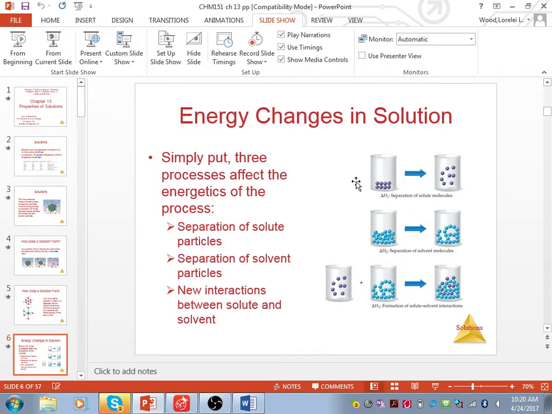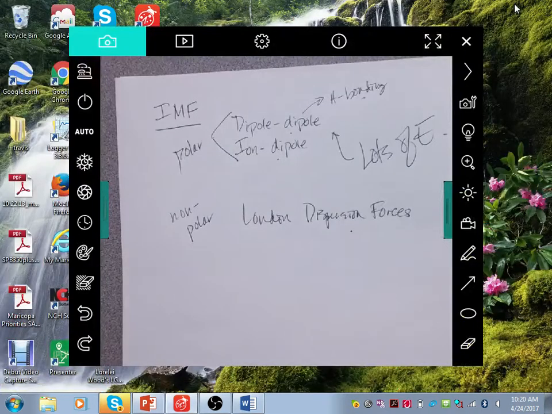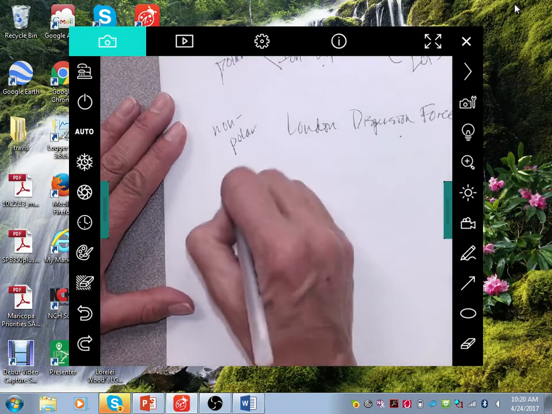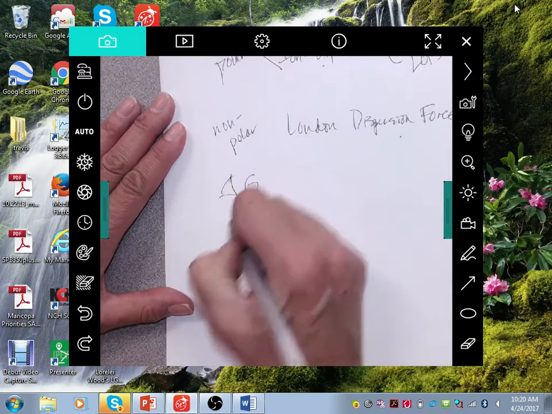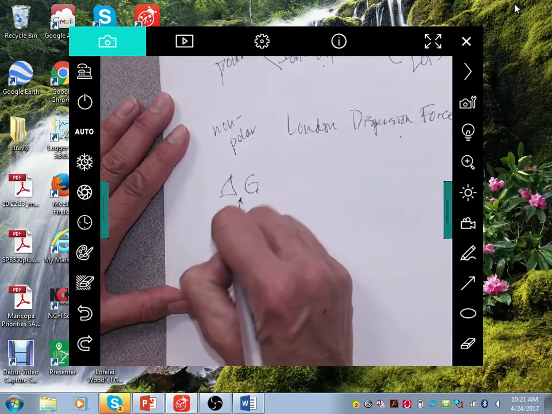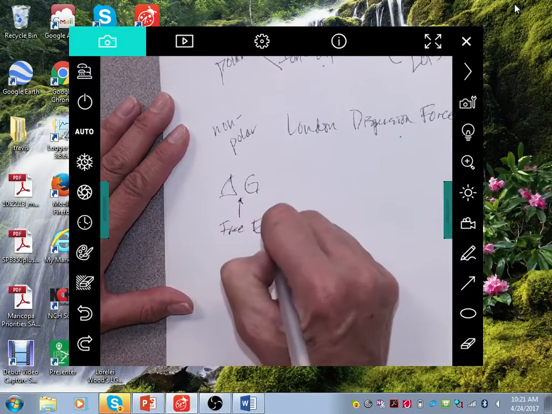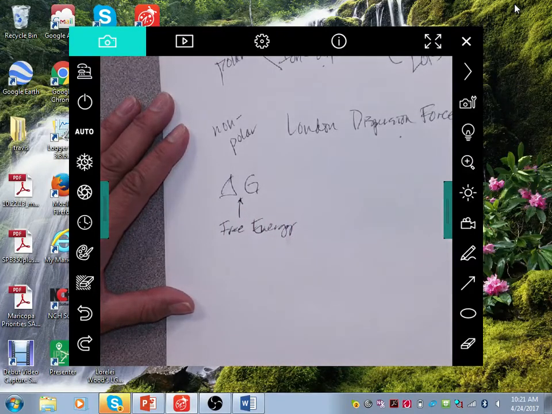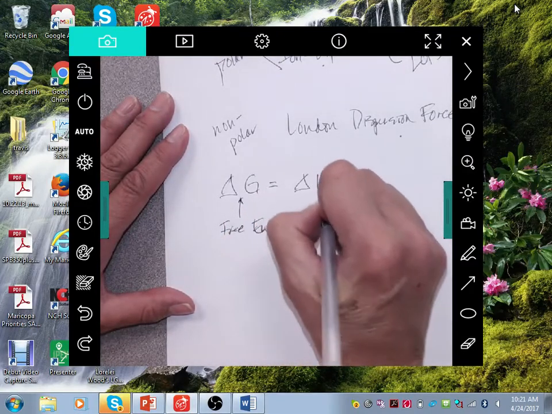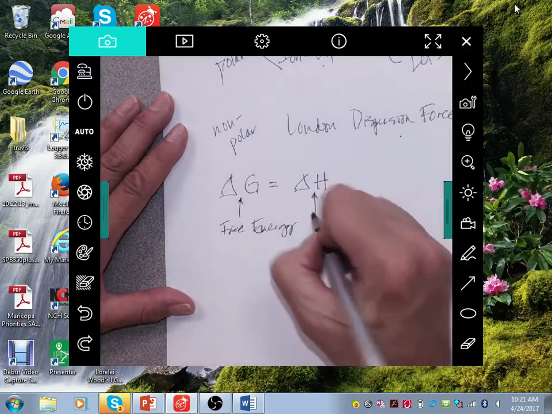If we look at this situation here, this is the first energy requirement. Getting those pieces apart and into a more random arrangement involves a change in entropy. So let's really simplify this idea of entropy. All right, here's our Gibbs free energy equation. The free energy, meaning the sum of all different types of energy a system can possess, is equal to the change in the enthalpy, right?